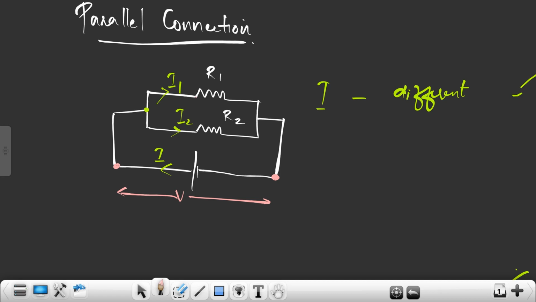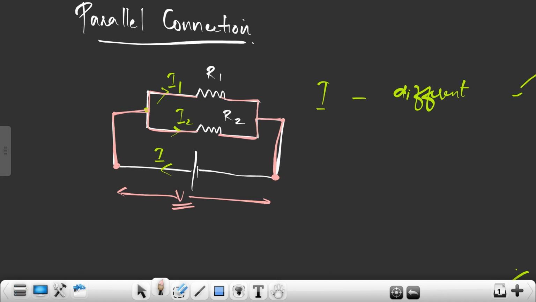See, this is the R1 resistor. These are the end points, or we can say that this is again the end points. It is V volt. Then for the R2 resistor, again the end points are the same.